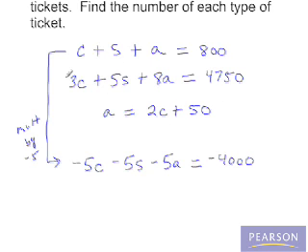We're now going to add that to our second equation, 3C plus 5S plus 8A equals 4,750.